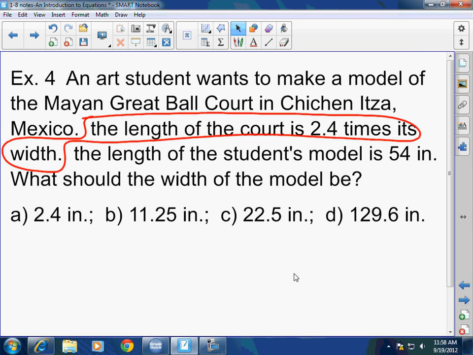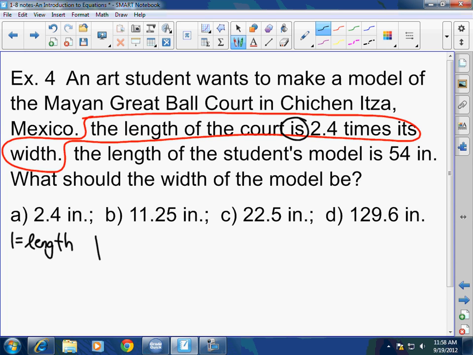Let's translate it. The length, which we will call L, remember always label, L equals length. The length of the court is, what does is mean? Equals 2.4 times, we represent times by parentheses, times its width, and we'll call width W. Notice, please, how I always label my variables.